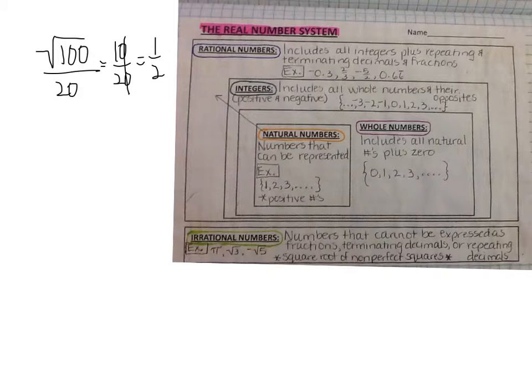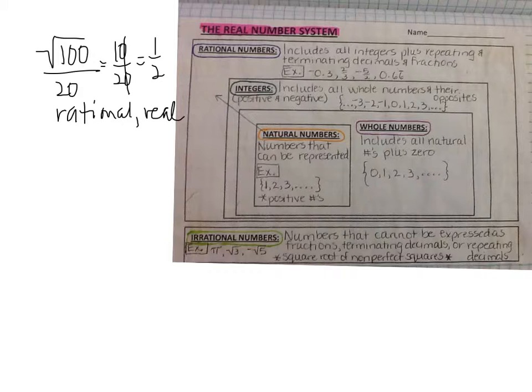Fractions and decimals can either fall in rational numbers or irrational numbers. This is how you know. You ask yourself this question. Half. If I turn it into a decimal, does it terminate or stop? Yeah, it is 0.5. It stops right there. So it's a terminating decimal, which places it in the rational, and if it's rational, it is real.